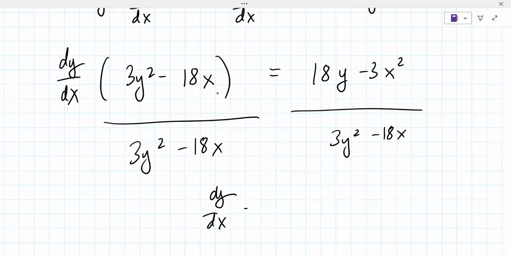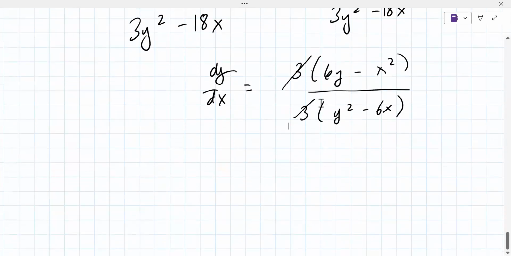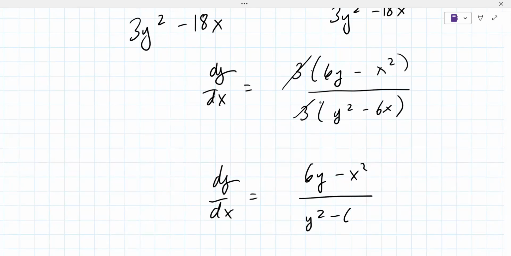Now, what I can't remember is if Pearson will take what you have here, or if you need to factor out a 3 from both. So let me do that here. So it's 6y minus x squared over 3y squared minus 6x. And you can see that those threes cancel. So dy dx equals 6y minus x squared over y squared minus 6x.